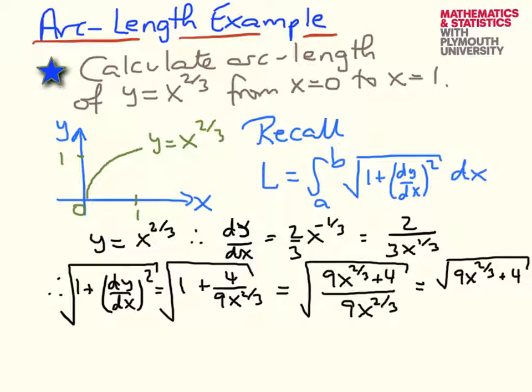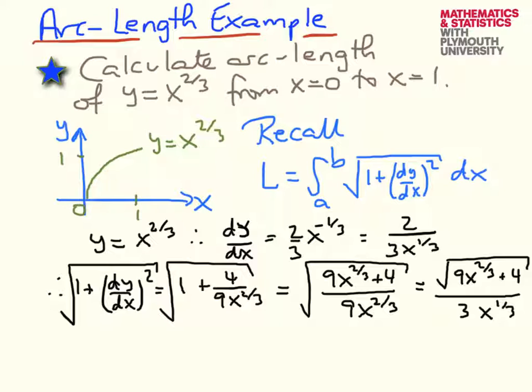And I cannot see any way really to simplify that, divided by the square root of 9x to the 2/3, so that's the square root of 9, which is 3, multiplied by the square root of x to the 2/3, which is x to the 1/3. So therefore I see that the thing we want to put into the integrand can be written like this.